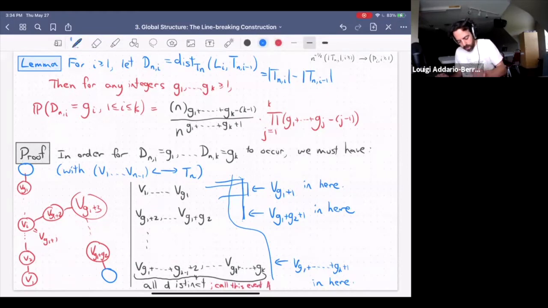Okay, so that's just one event. A bunch of things should be distinct. And then on the right-hand side, we have k different events. Let's call them B1, B2, up to BK. And I'll let B be the intersection of the Bi.